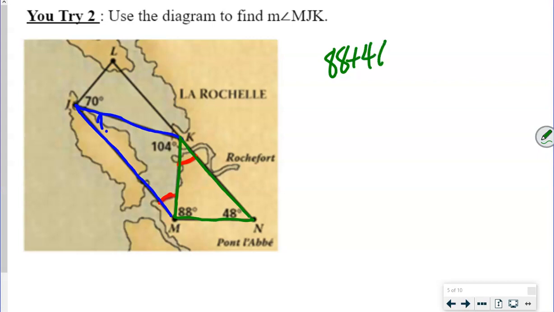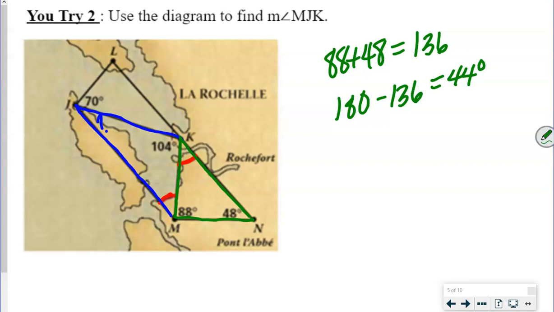88 plus 48 is equal to 136. And then what are we going to do with the triangle sum theorem? We're going to subtract that from 180, right? 180 minus 136 is equal to 44 degrees, okay? So now we know this up here is 44 degrees, and if that's 44 degrees, that also is 44 degrees. Everybody see that?